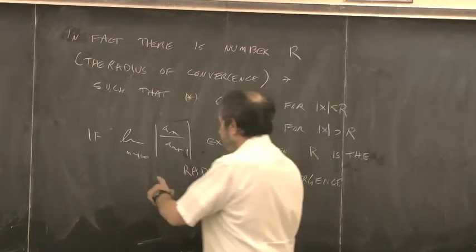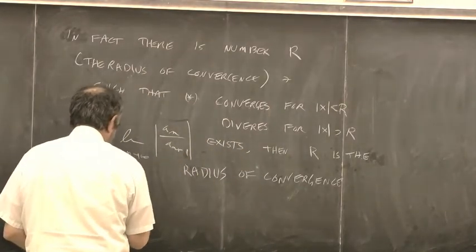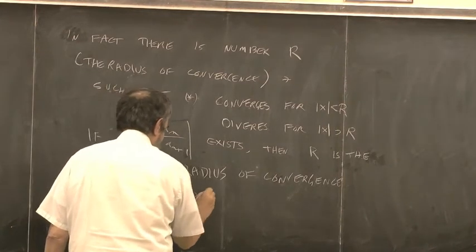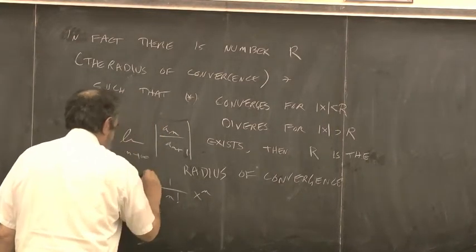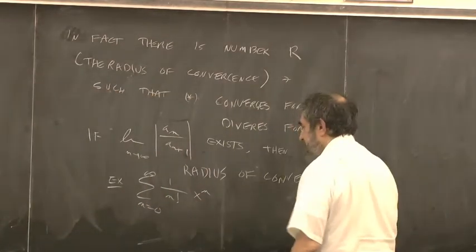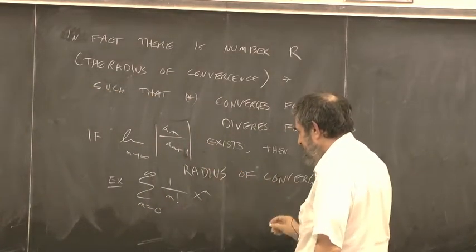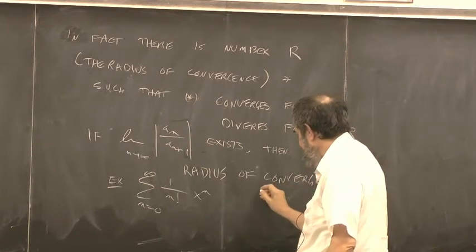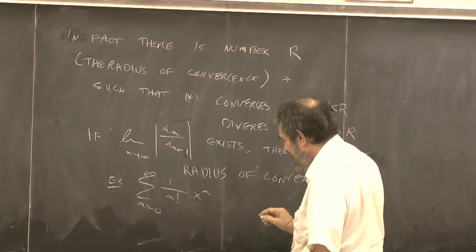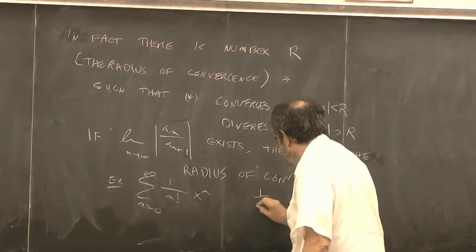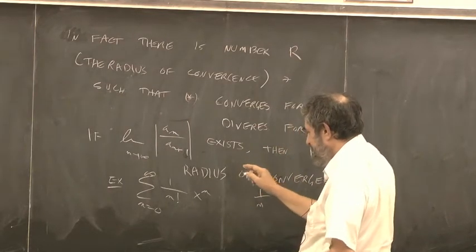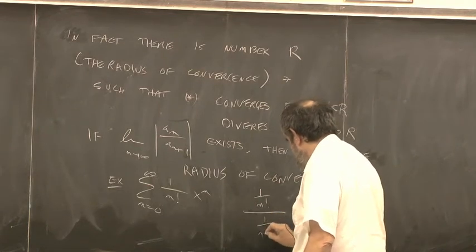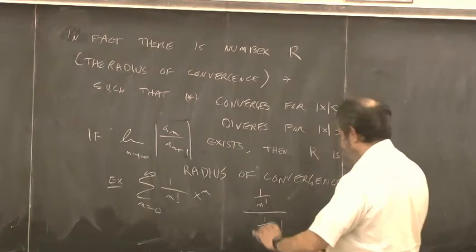So what would an example be? If we take the series sum of 1 over n factorial x to the n, n equals 0 to infinity. So then when we look at a_n over a_{n+1}, I'm not sure I did this right.